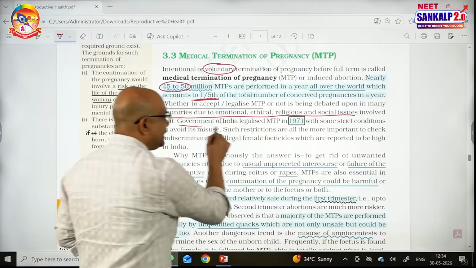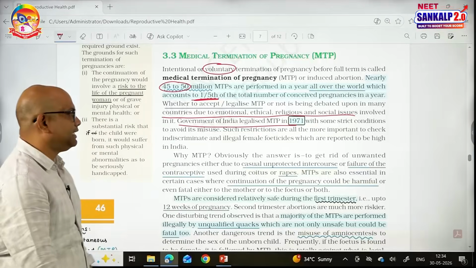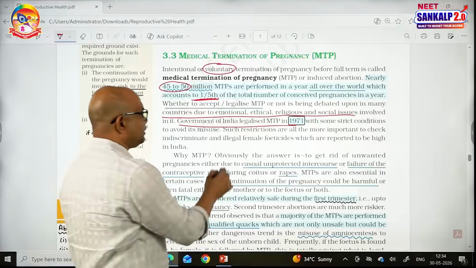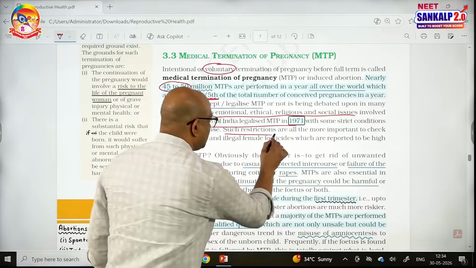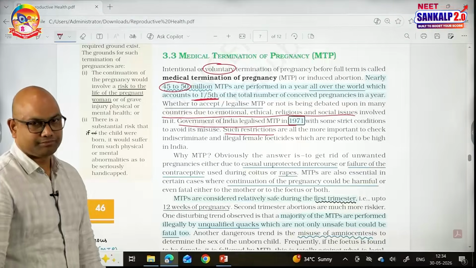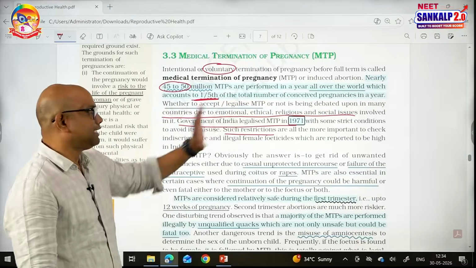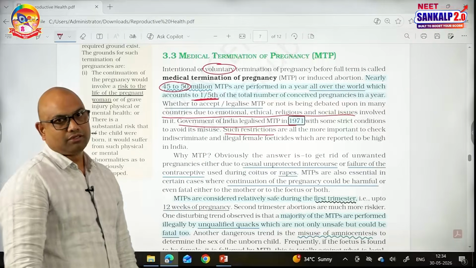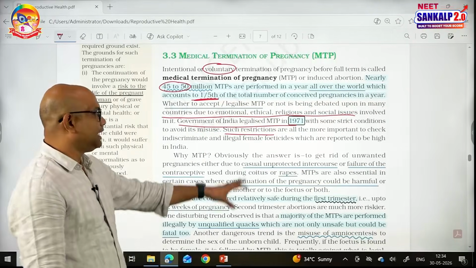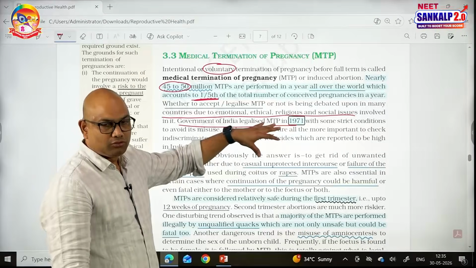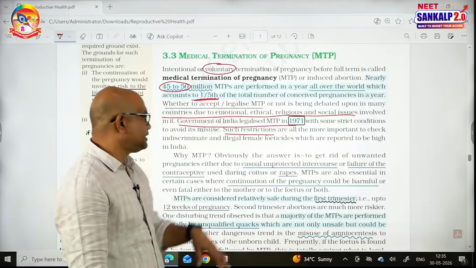But the Government of India legalized MTP in 1971 with some strict restrictions. So to avoid their misuse, there are some strict conditions. MTP was legalized in India through the MTP Act in 1971.